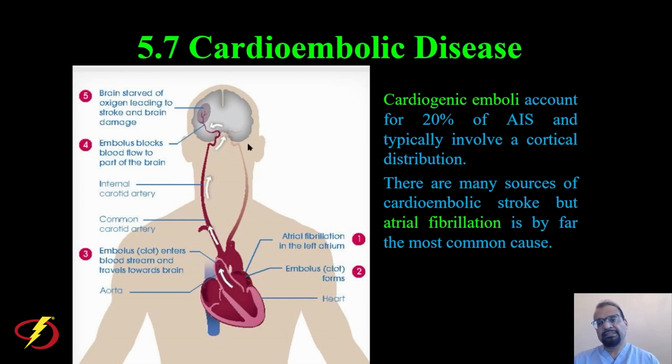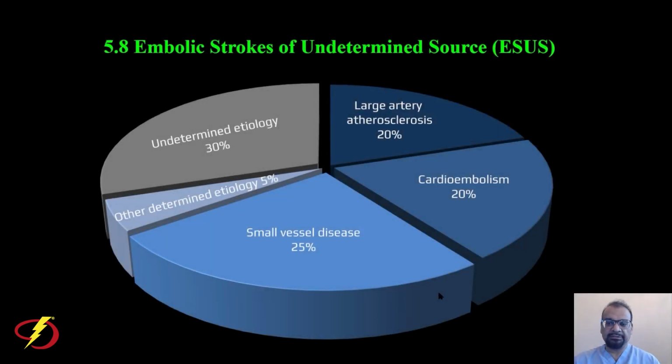So when we see anterior circulation large vessel occlusion, we believe most of that is cardioembolic in etiology. Okay. So we talked about large vessel atherosclerotic disease. We talked about cardioembolisms. We talked about small vessel disease. We still have to talk about undetermined etiology and other causes of stroke.